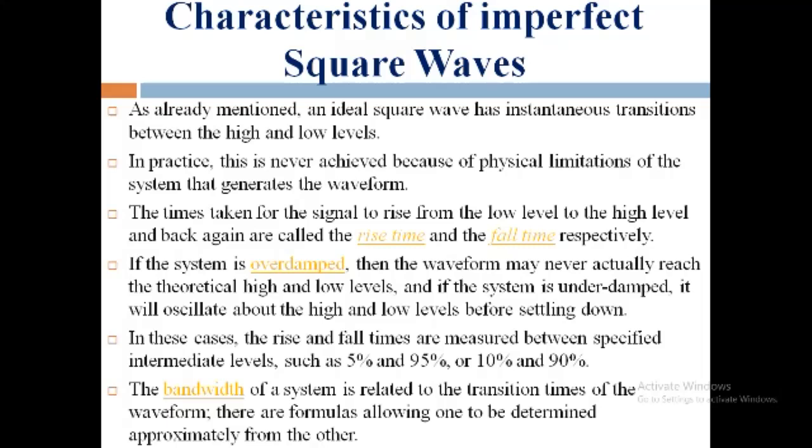In these cases, the rise and fall times are measured between specified intermediate levels such as 5% and 95% or 10% and 90%. Then the bandwidth of a system is related to the transition times of the waveform. There are formulas allowing one to be determined approximately from the other.